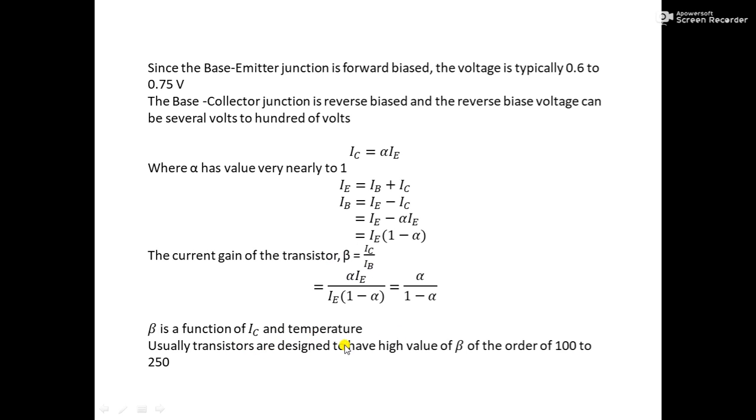Usually transistors are designed to have a high value of beta, of the order of 100 to 200. But beta can be as high as 2000 for super transistors, and beta can also be less than 100, maybe equal to 50, in the case of power transistors.